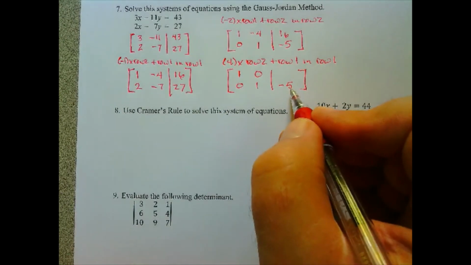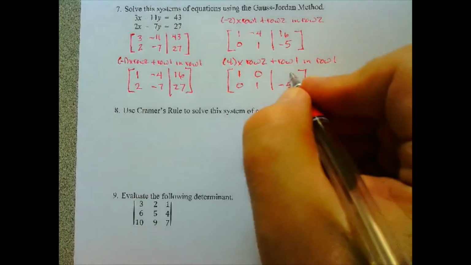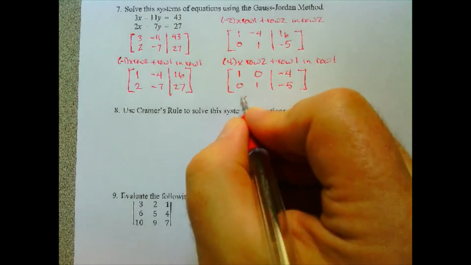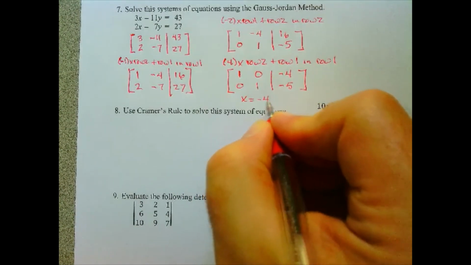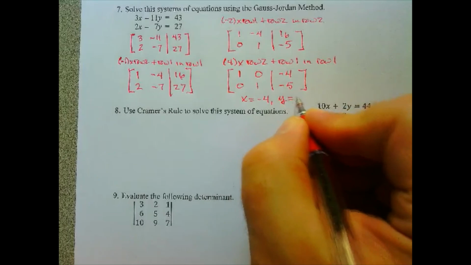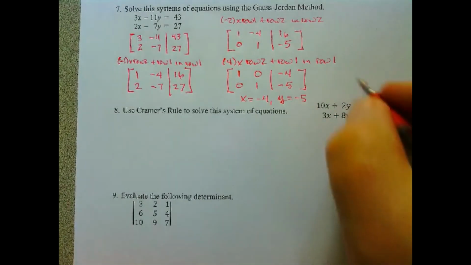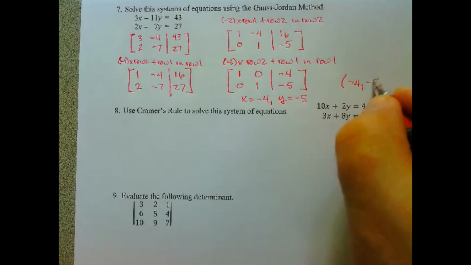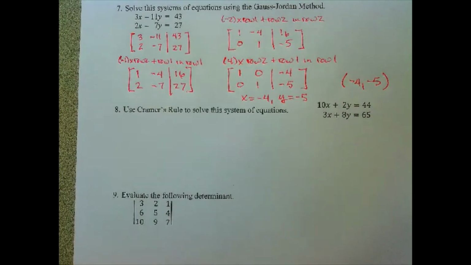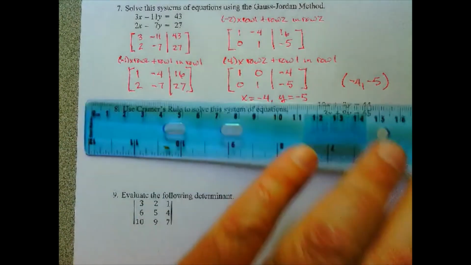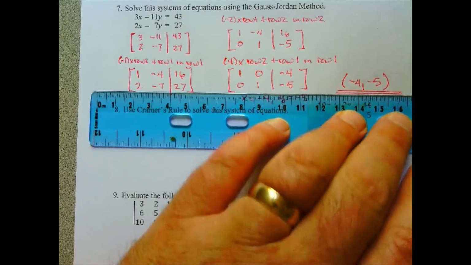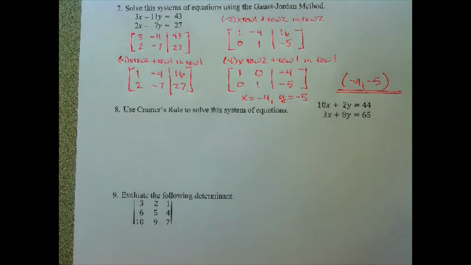Here, 4 times negative 5 will give me negative 20, and 16 will be negative 4. And so, x equals negative 4, and y equals negative 5. And my solution is negative 4, negative 5. These are two straight lines, and so the solution is the point of intersection between them. So there is problem 7.